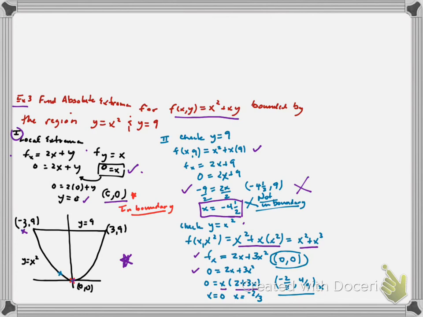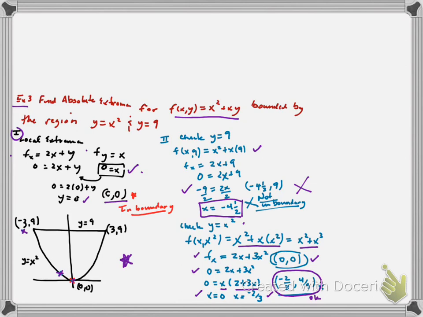And I went ahead and just did this part in my head without showing it. I have x equals 0 and x is equal to a negative 2/3. Now 0, 0, we've already done that point, so we don't really need to do it again, but this point also needs to be checked to see if it's okay, and negative 2/3 and 4/9 is okay, so that's a critical point that we need to check.